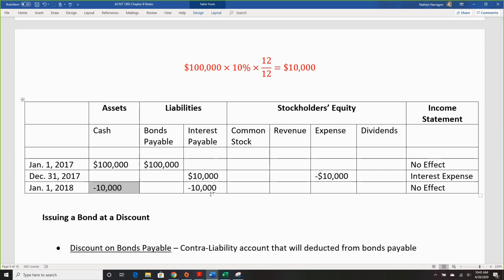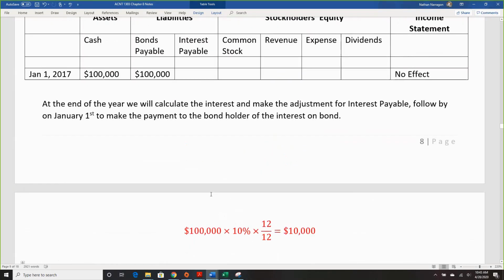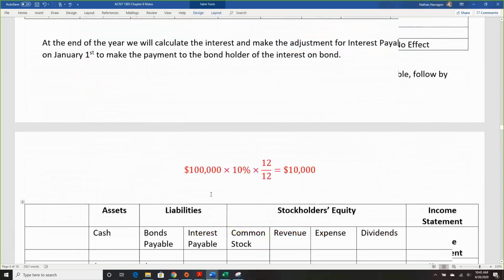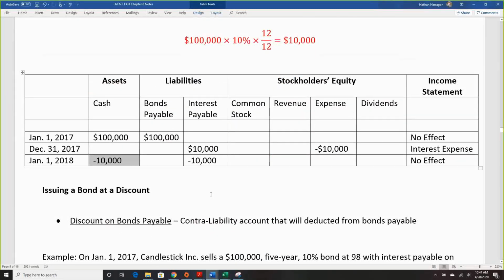And that's going to be the same payment we're going to make for this bond during its life. So at the end of every year, for 5 years, we're going to do the same action. We're going to record the interest payable and pay the interest the following year. Okay. It's usually always the same entry. There is nothing that changes when it comes to interest.